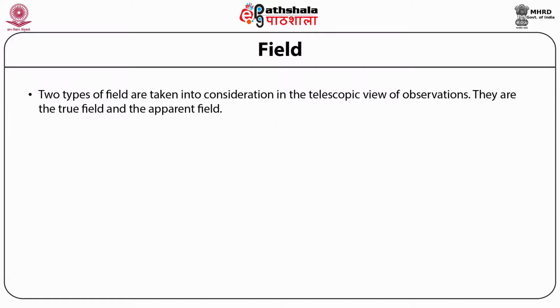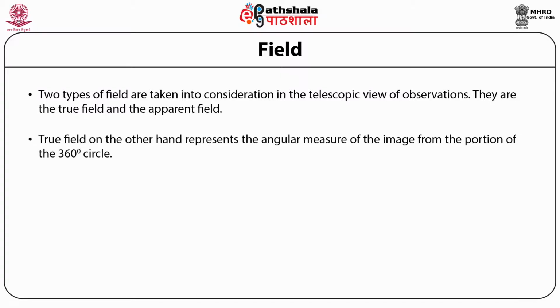The apparent field of the eyepiece expresses the angle of view subtended by the circular view within its field and is independent of the telescope. True field, on the other hand, represents the angular measure of the image from the portion of the 360 degree circle.